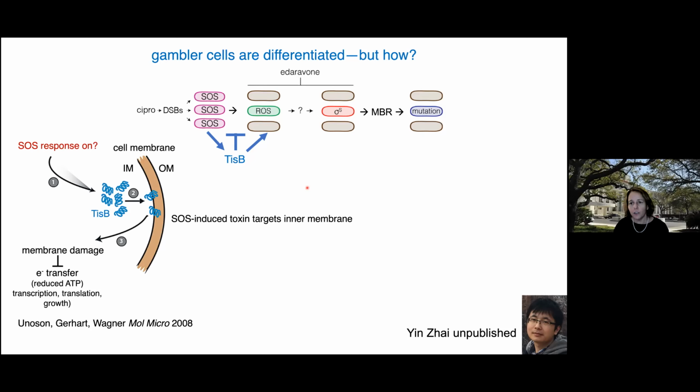So it seems like the fundamental event is the regulation of TSB, and the fact that it comes on in only some cells seems to be what gets this process going. So I'm very excited about Yin's work here because we have a real mechanism now. It's poking holes in the membrane, electron transfer goes down, reactive oxygen goes up.